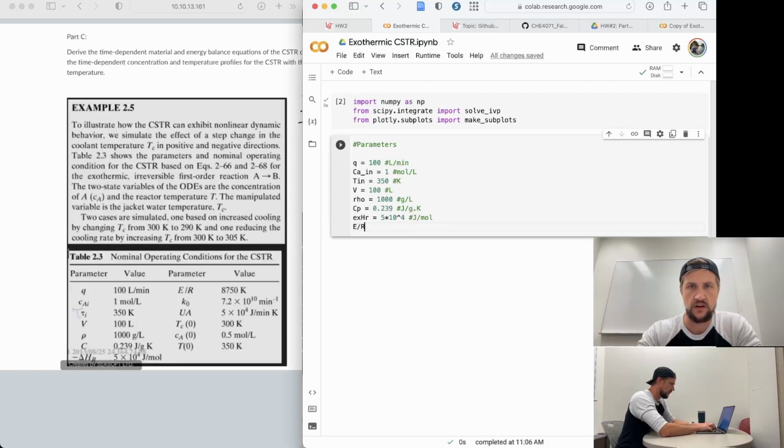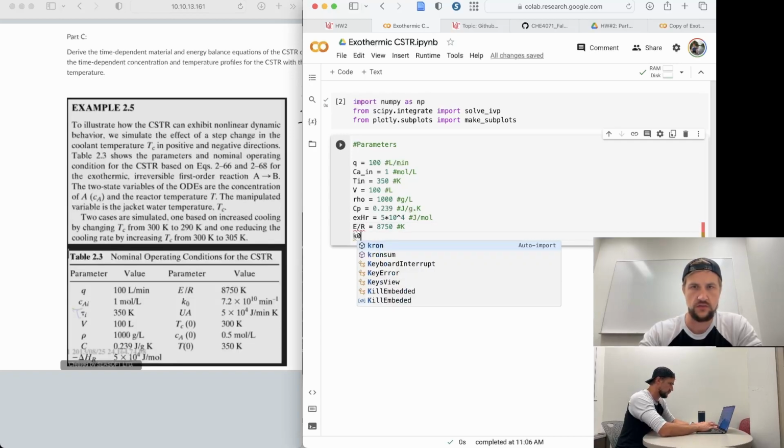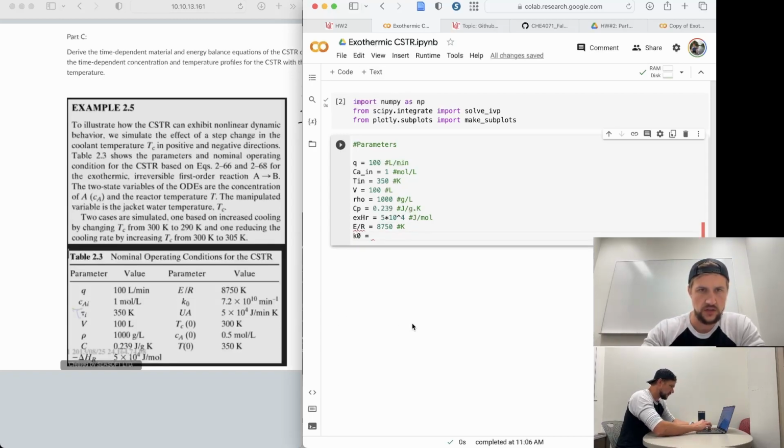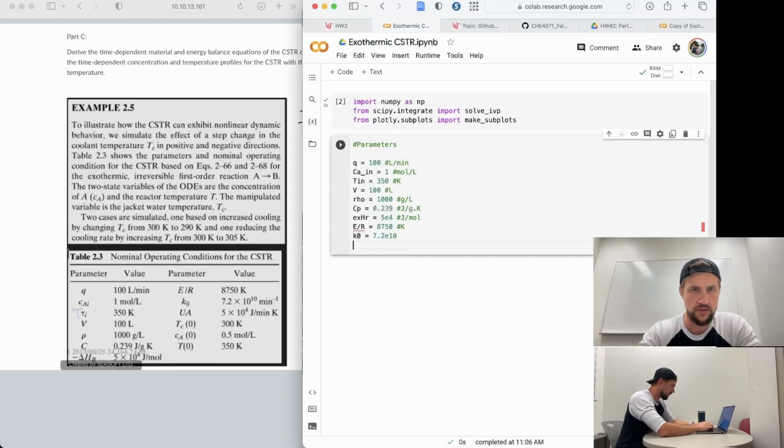Our E over R, our activation energy, equals 8750, and that's in Kelvin. Our initial k naught equals 7.2. Actually, I need to do this: just say E10, 7.2E10. There we go.